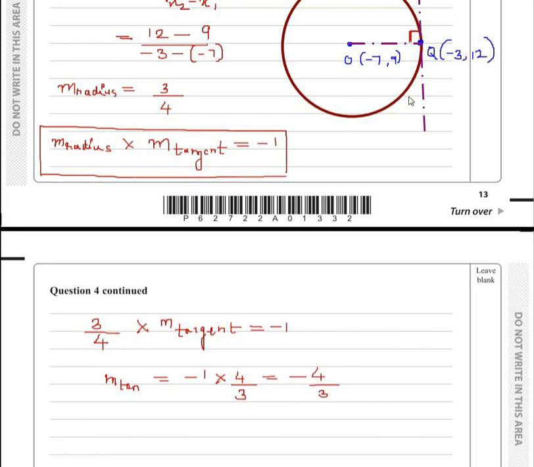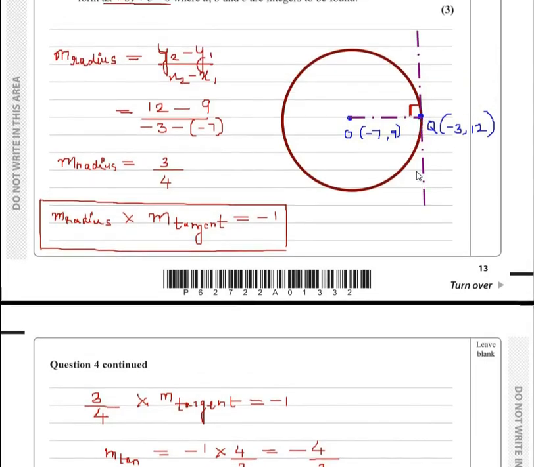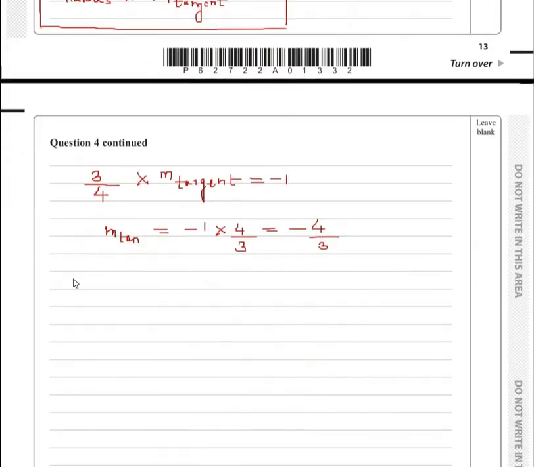Now, to find the equation of the tangent at point Q, we have the formula. Let me write it. Equation of the tangent is written as y − y1 = m(x − x1).